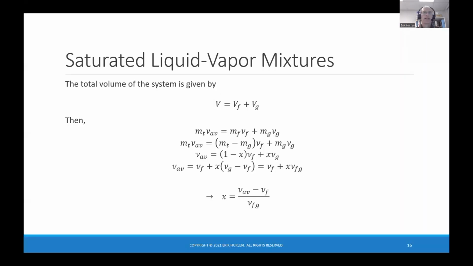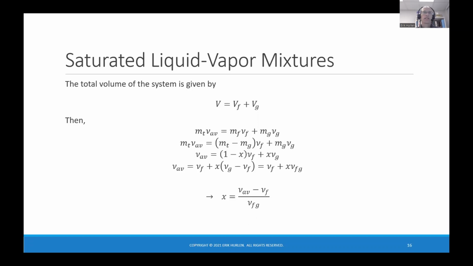Instead of dealing with the masses of the two phases, we usually deal more with the specific volumes. This is more useful since nu is part of the tables and graphs in the property diagrams. So we can use this along with the definition of specific volume, volume divided by mass, and the subscripts for the liquid and vapor phases to have the second equation for the quality, x equals nu average minus nu F all over nu Fg.